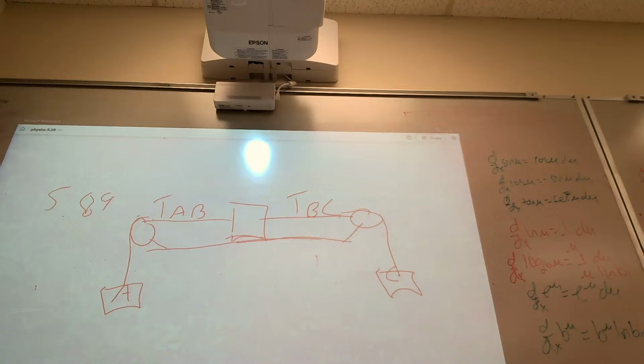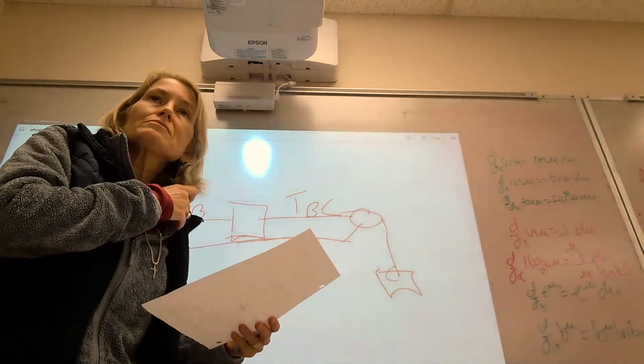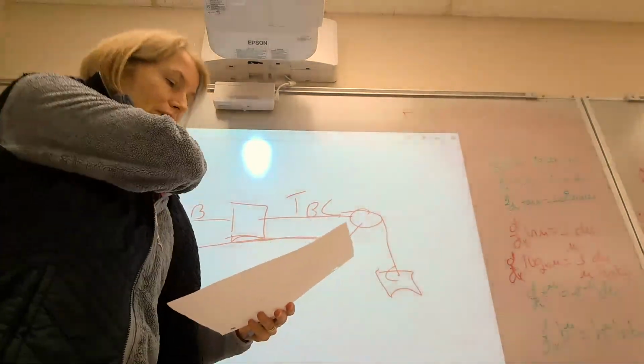Which one's moving down? A and C. They can't both be moving down, right? C is moving down, A is moving up.